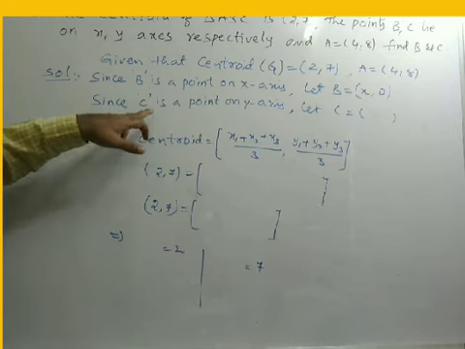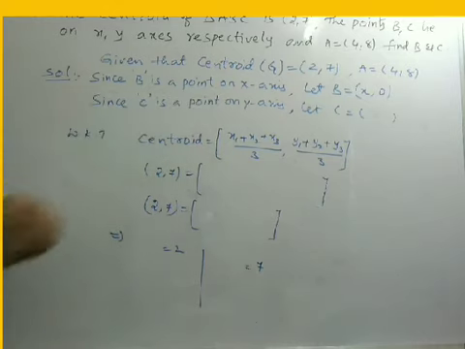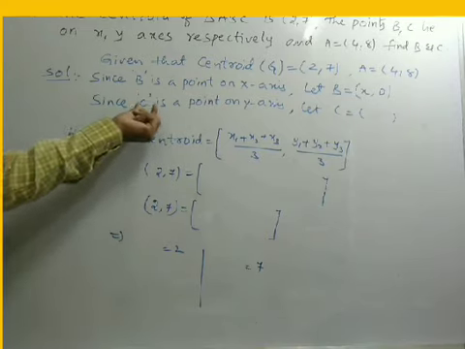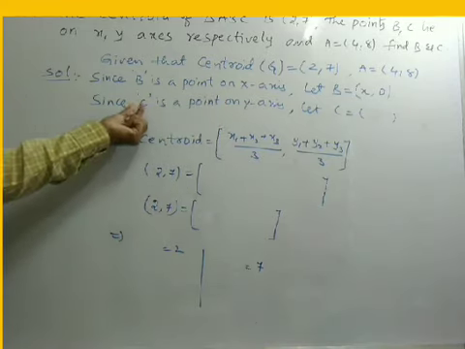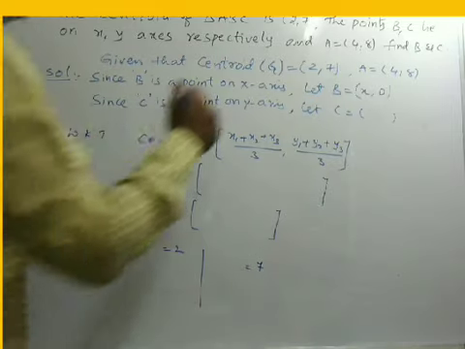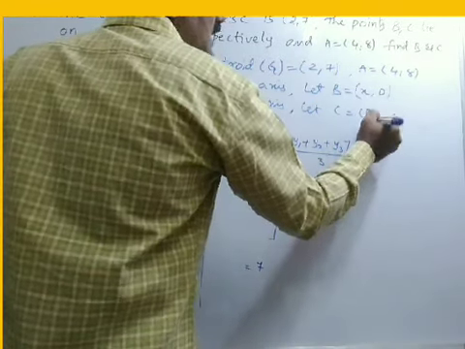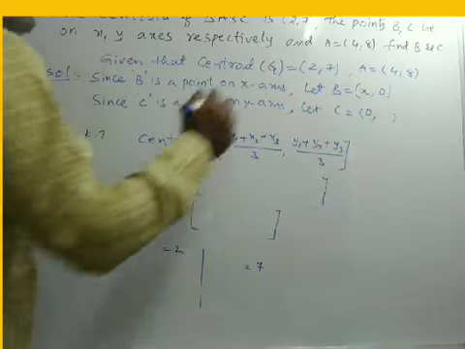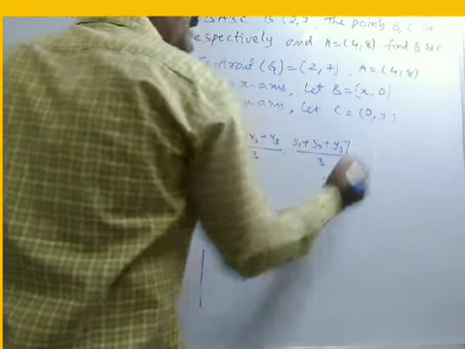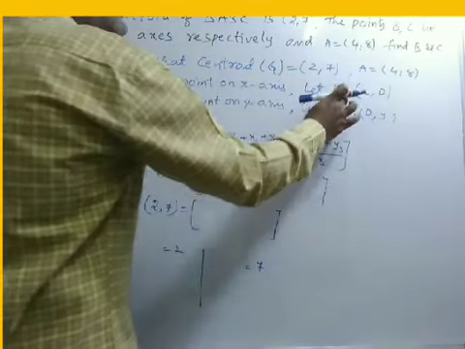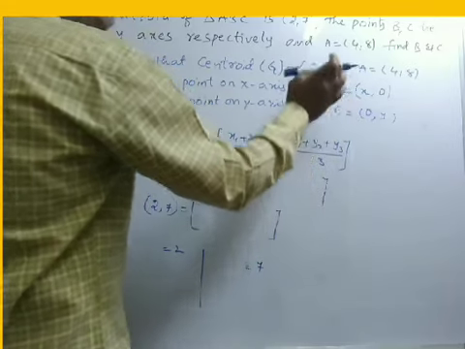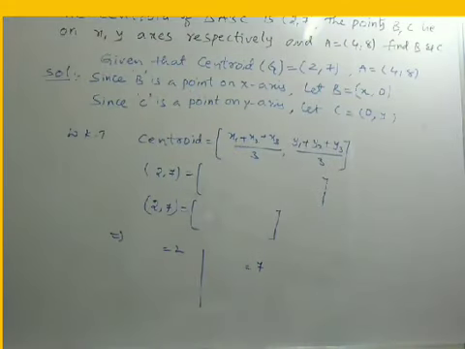Similarly, C is a point on the y-axis. That means its x-coordinate must be 0. So the x-coordinate is strictly 0, comma something you can assume. Let it be (0, y). In the entire problem, these are the two important points you need to identify.